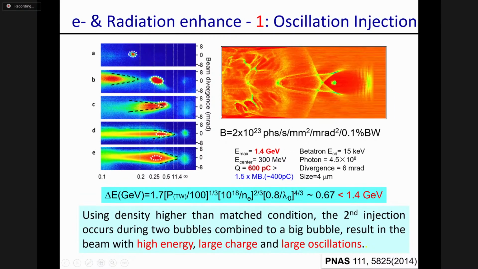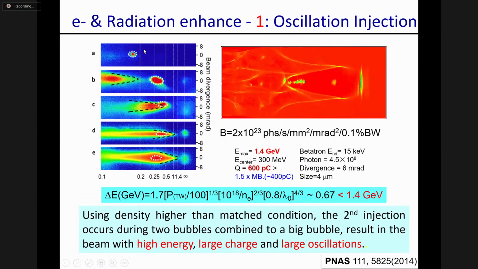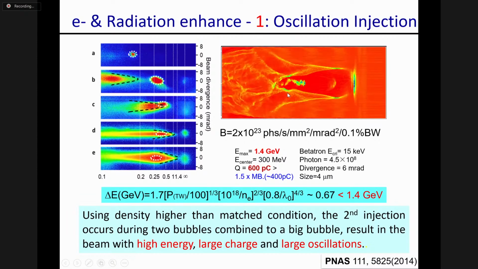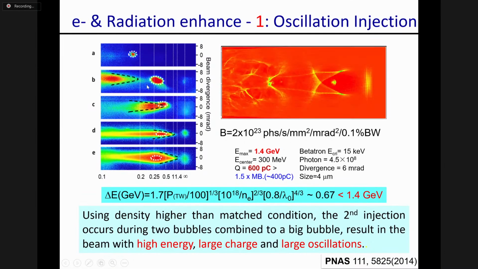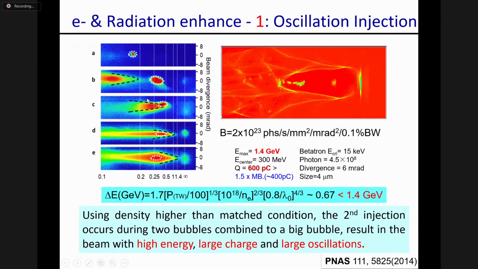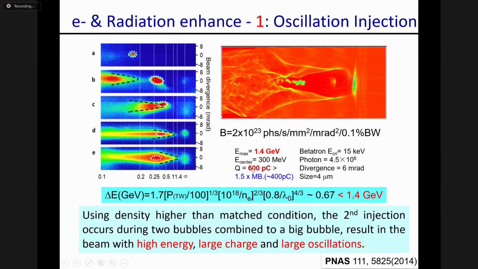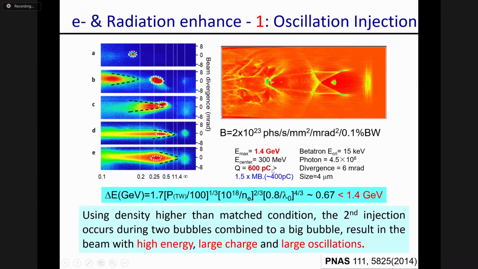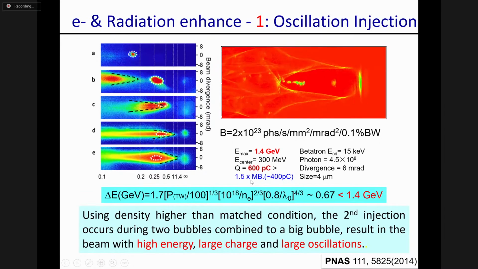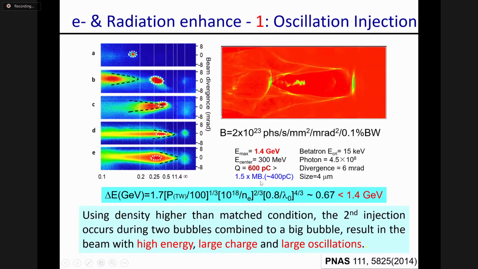So in this case, we can observe experimentally and also in simulation the charge of the second electron beam. We can obtain in experiment 600 picocoulomb. It's 1.5 times higher than the matched condition.